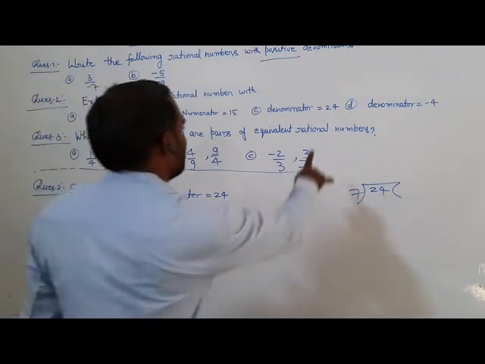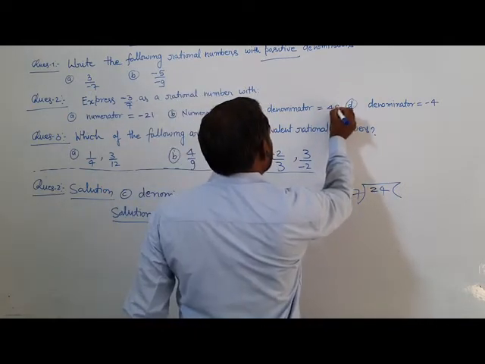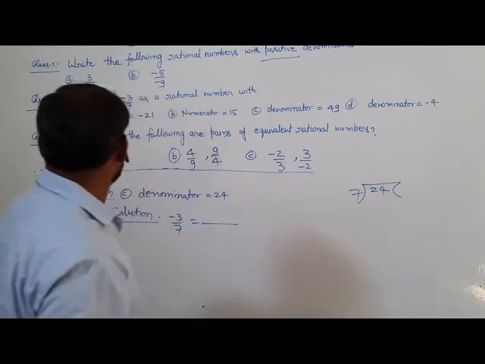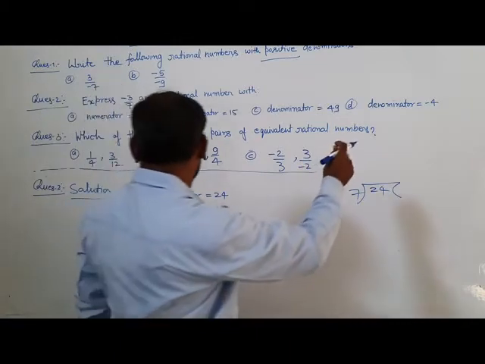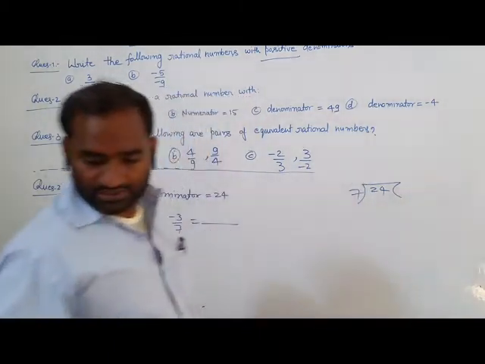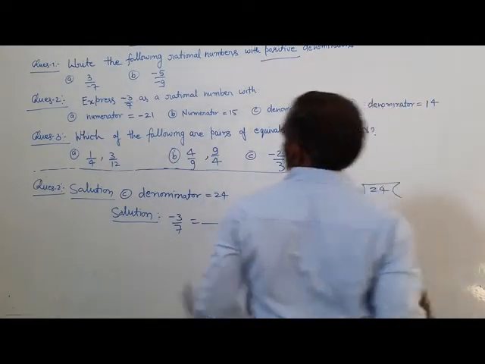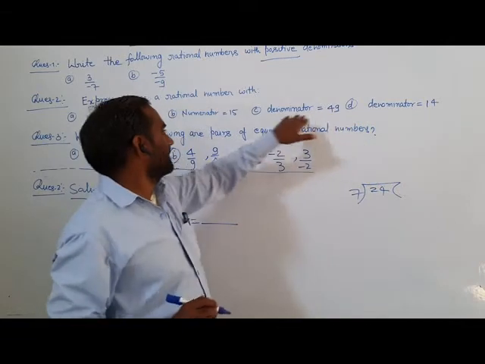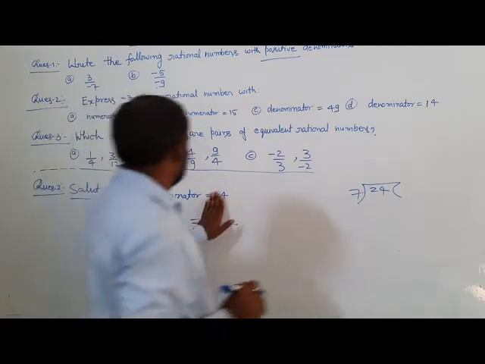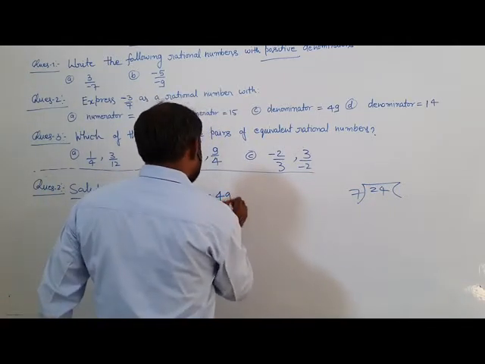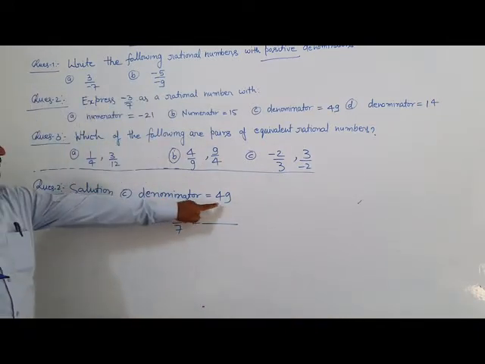Sorry, this should be 49. There was some mistake here in option C, so it should be 49. Now see, option C: denominator is equal to 49.